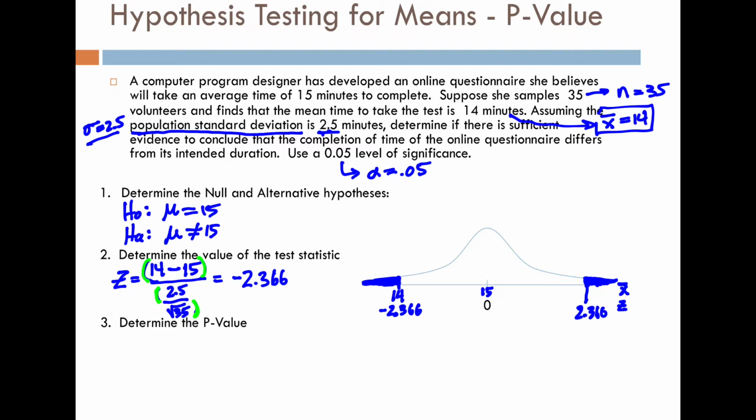But then we also have the extreme area in a two-tailed test is also on the right-hand side. So the p-value is going to be the sum of these two areas. This one and that one.